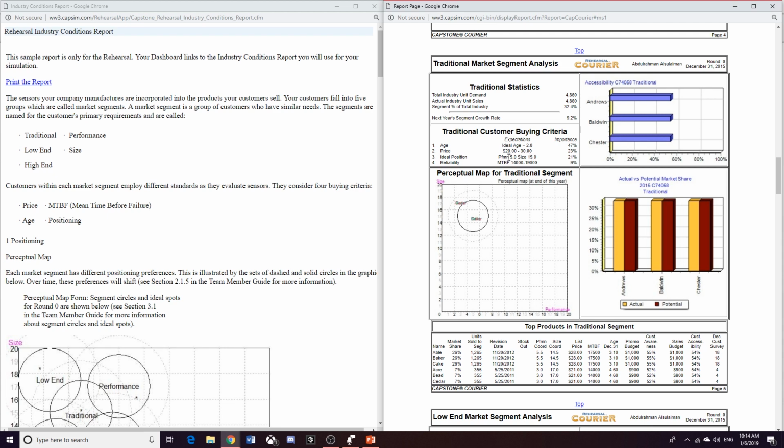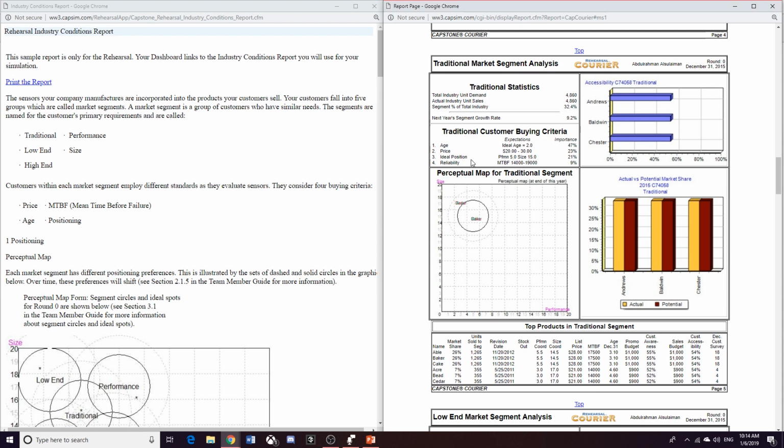For the ideal position, we're going to go in depth in a few minutes, but we will come back to that later. For reliability, MTBF needs to be between 14,000 and 19,000.